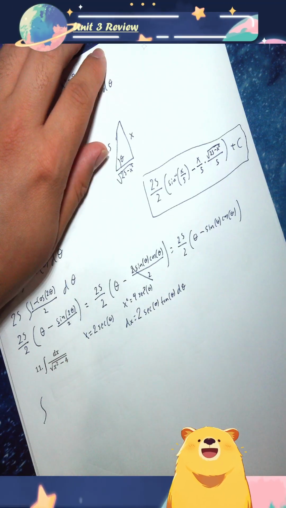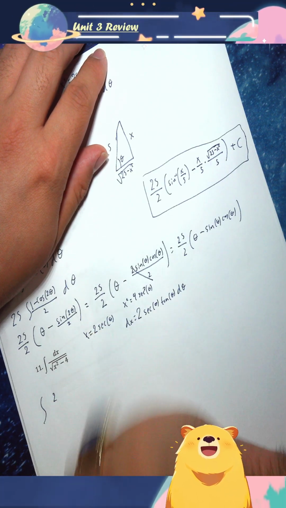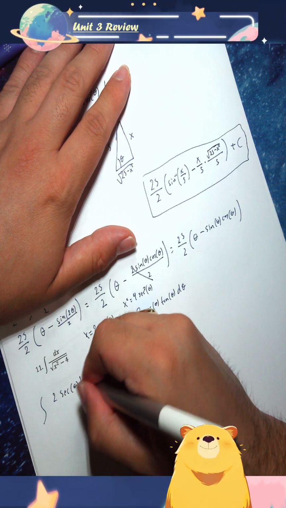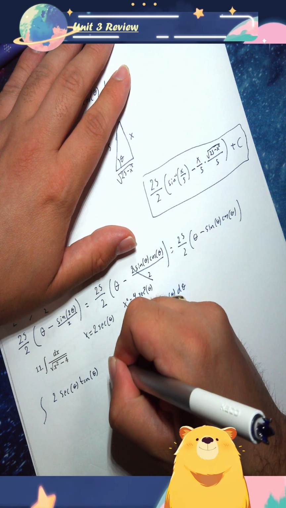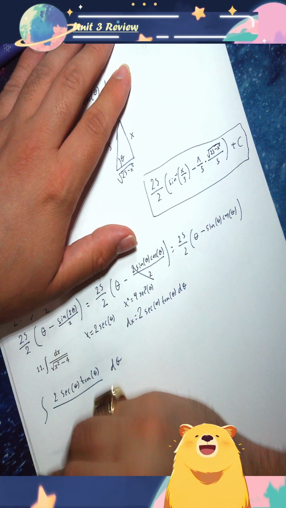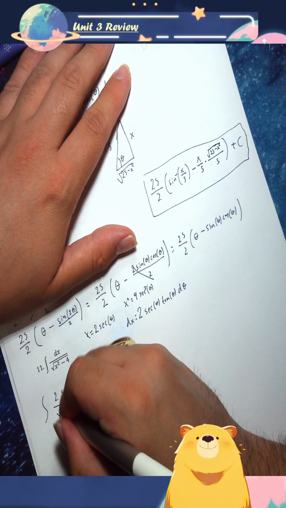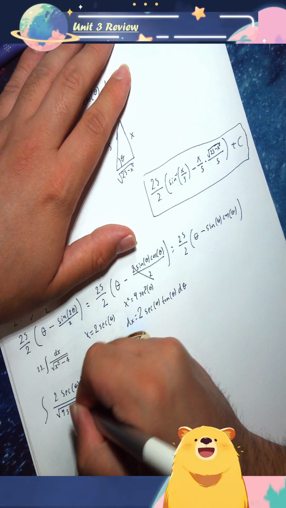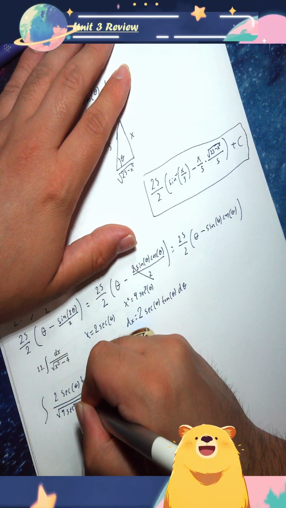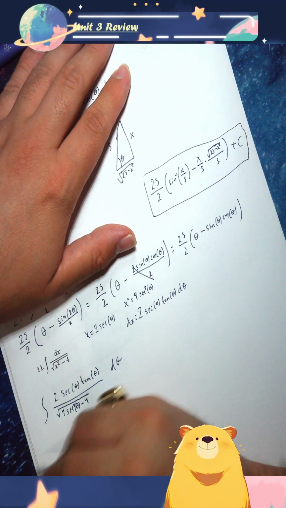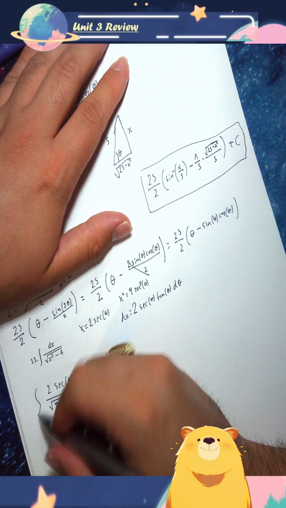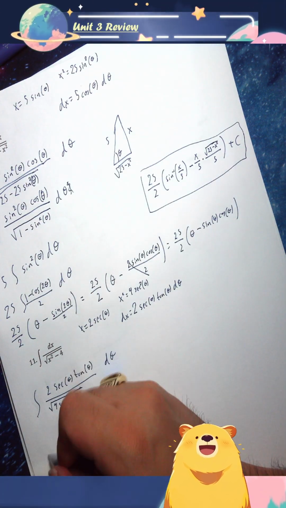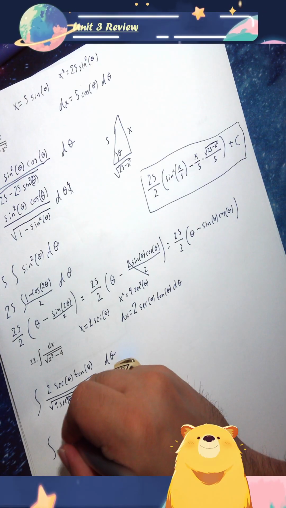So we have 2 secant of theta tangent of theta d theta over the square root of 4 secant squared theta minus 4. Let the 4 come out. It'll be square root of 4, which is 2, and that will cancel out.